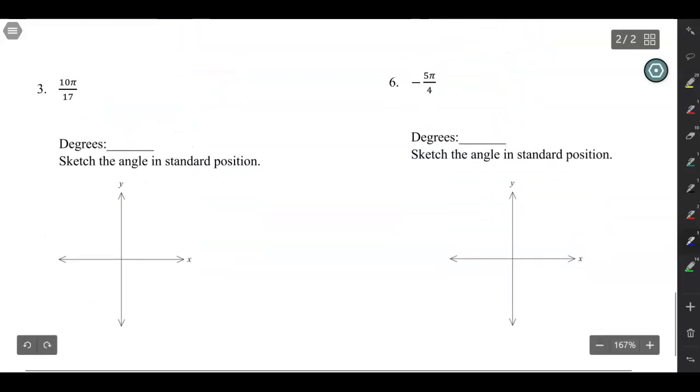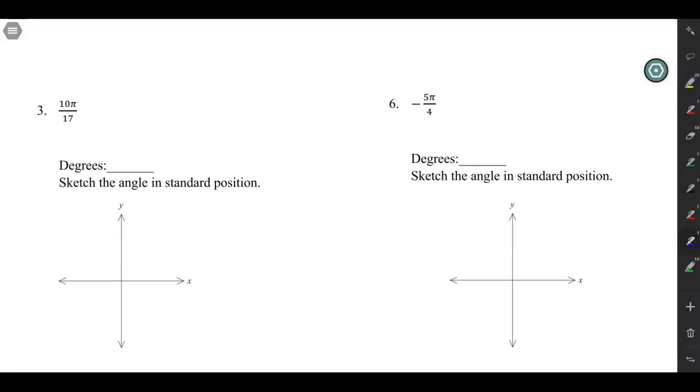Okay, let's do a couple more examples of converting and sketching. So what we're going to do is convert these radian measures into degrees, and then we're going to use those degrees to sketch the angle in standard position. So I'm converting 10 pi over 17 to degrees. So I will start by multiplying by 180 over pi.